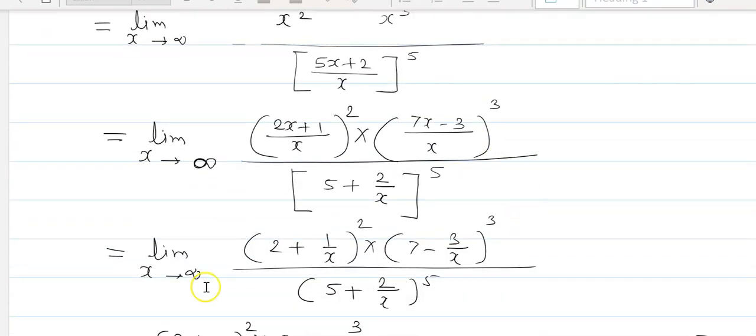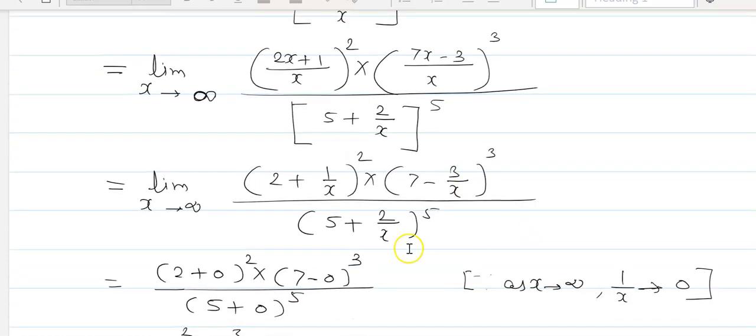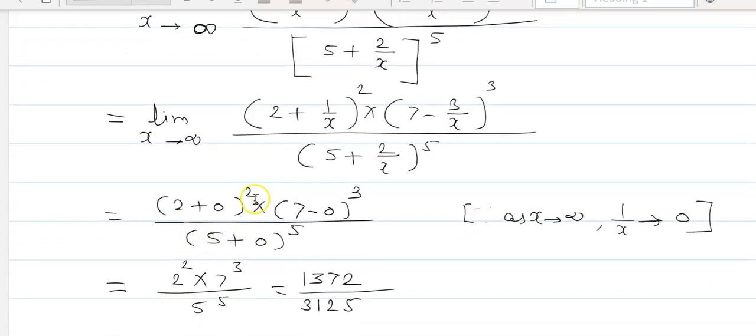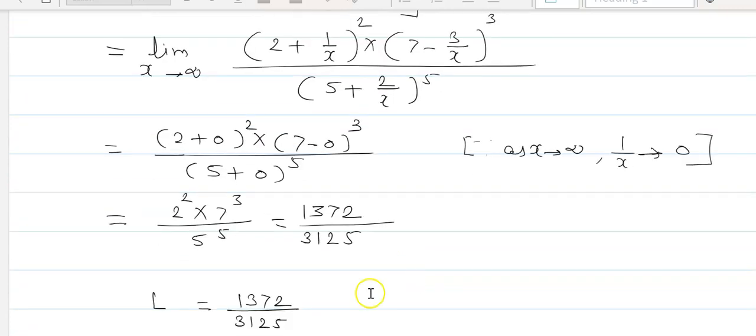Therefore, you will get limit x tends to infinity of (2 plus 1 upon x) squared into (7 minus 3 upon x) cubed upon (5 plus 2 upon x) raised to 5. Therefore, (2 plus 0) squared into (7 minus 0) cubed upon (5 plus 0) raised to 5. And therefore, the answer is 1372 upon 3125. That is the final answer.